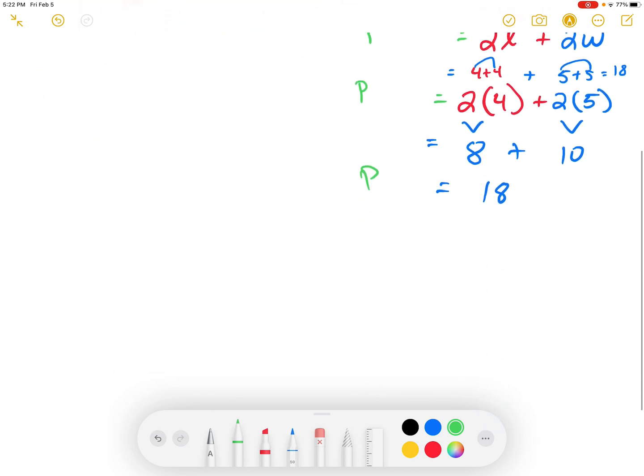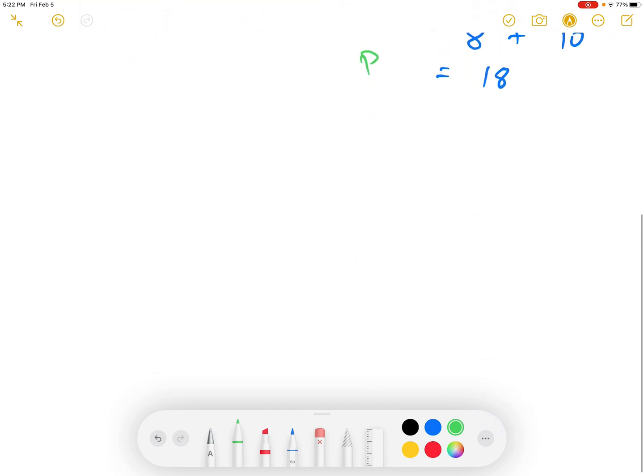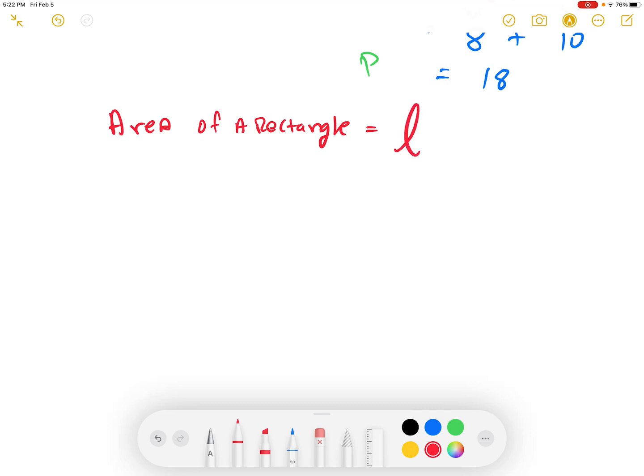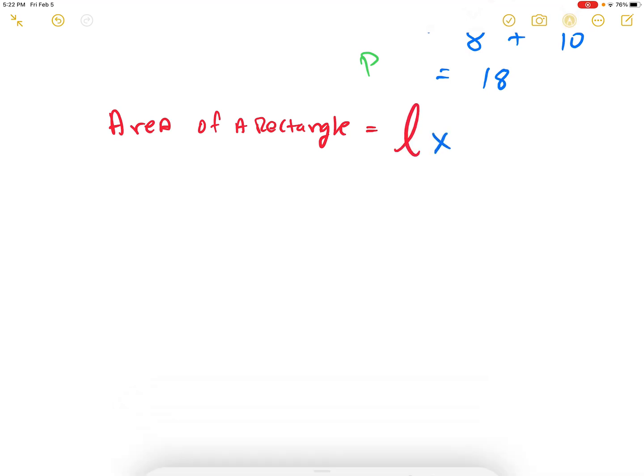We also have other formulas, such as the area, right? Let's take a look at area. We know the area of a shape, and specifically a rectangle, to be length times width, right? The length multiplied by the width.